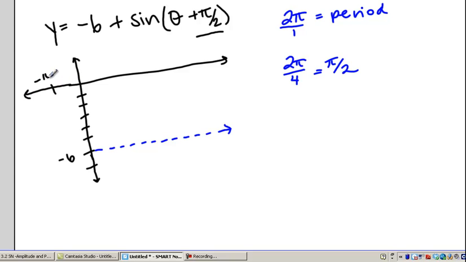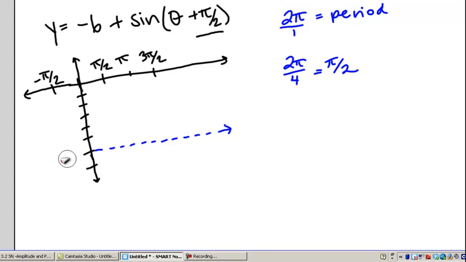So it's going to be at negative pi over 2 is our first one. Then we have 1 at 0, then pi over 2, then pi, then 3 pi over 2, and that's it. You can stop. That's one cycle. If you think about it, if one period is 2 pi, but we're shifting it over to the left pi over 2, 2 pi minus pi over 2 would give us 3 pi over 2.